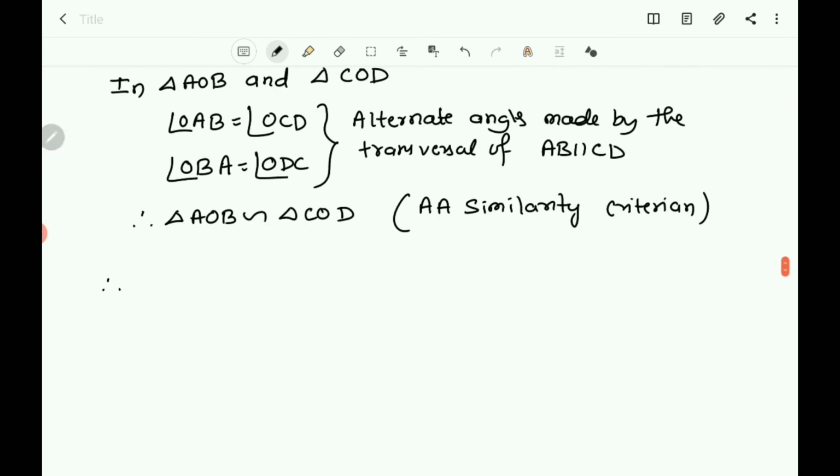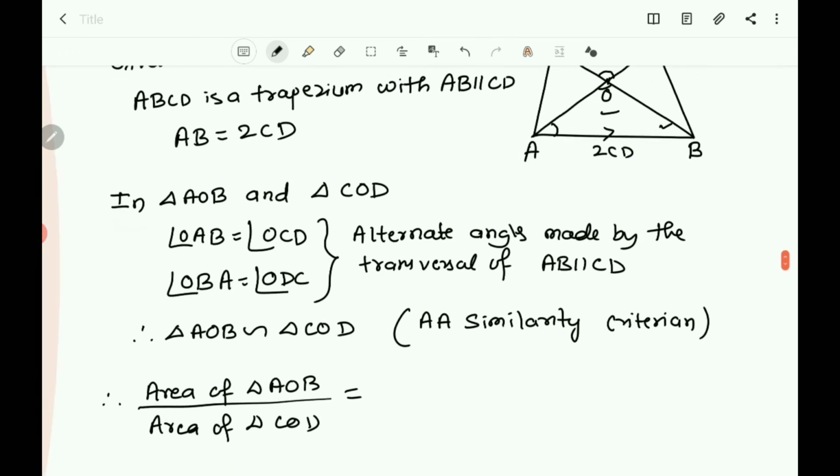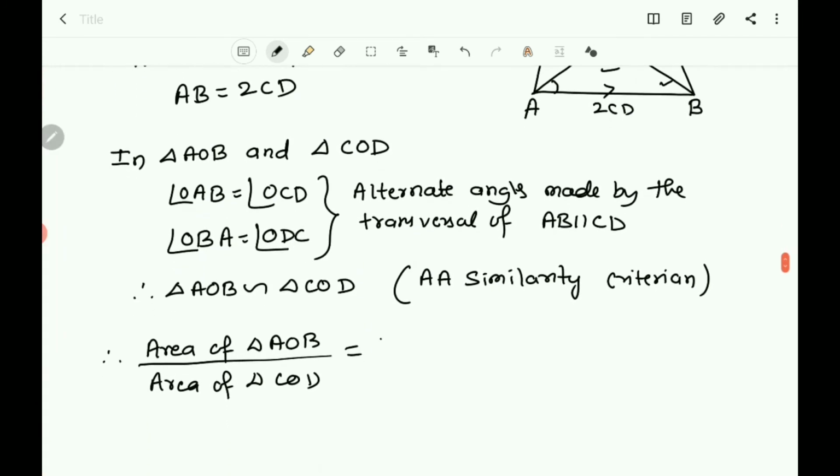So you take area of triangle AOB by area of triangle COD is equal to, write the pairs of corresponding sides, AB by CD, the whole square.